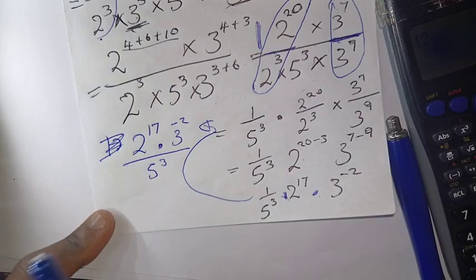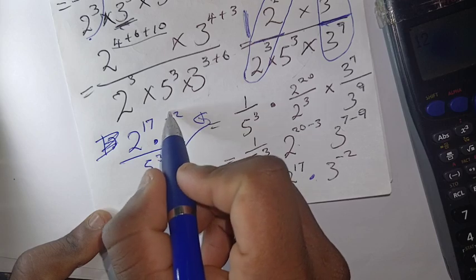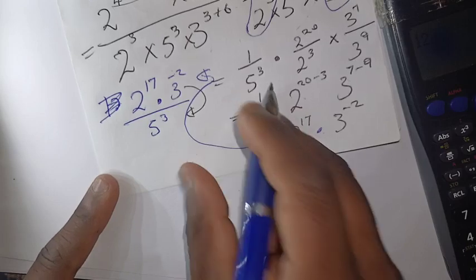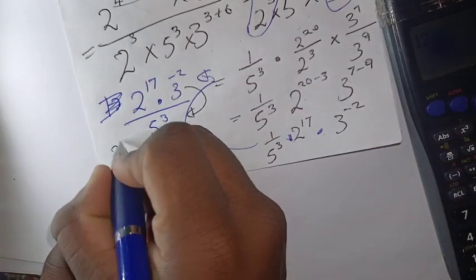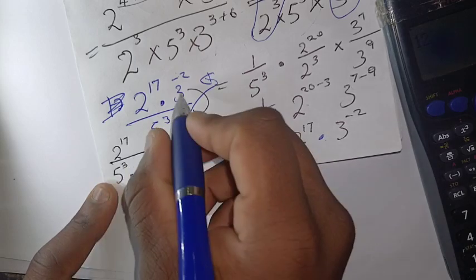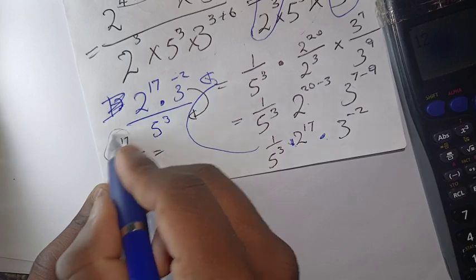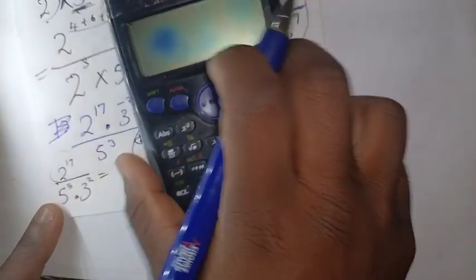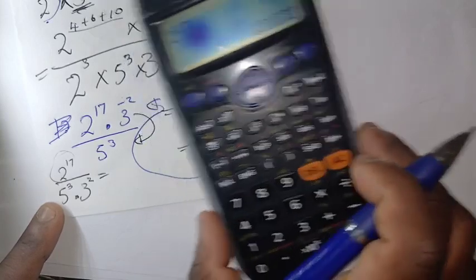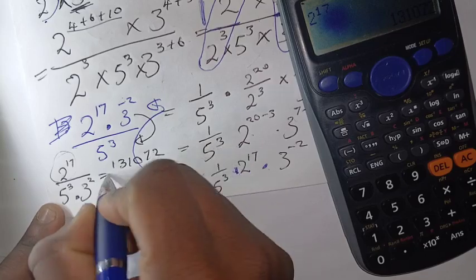And please be aware that we can change this minus exponent by taking it down, and the moment it goes down, it becomes 2 to the 17 divided by 5 to the 3 multiplied by 3 exponent 2. If you press 2 to the exponent 17 on the calculator, this is the answer you get, which is so big.